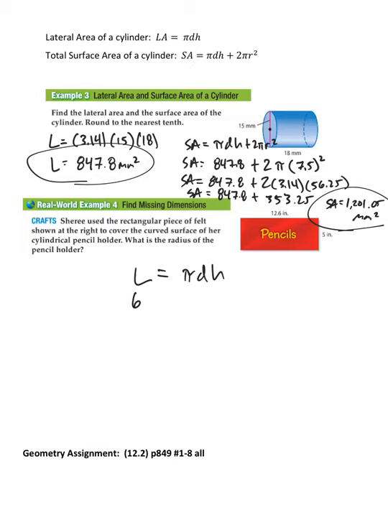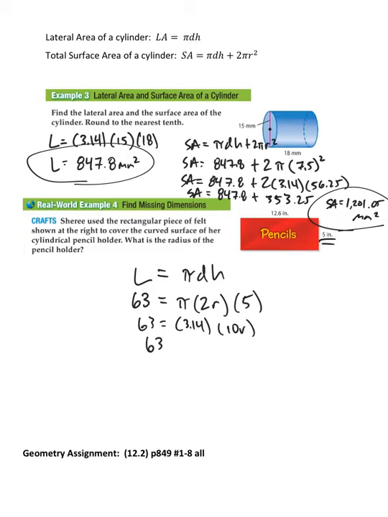63. So 63 equals pi times, guys, instead of diameter, let's write 2r. Diameter is 2 times the radius. And the height of the cylinder would be our 5-inch measure there. So 63 equals 3.14 times 2r times 5, which is 10r.